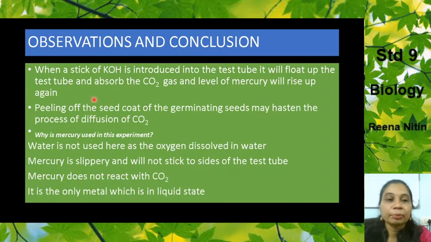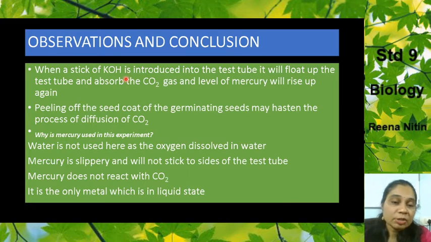Well, that can be proved by taking a stick of potassium hydroxide. You take a few pellets, a few sticks of potassium hydroxide, and introduce them into the test tube. Now, potassium hydroxide will go up, since it is lighter, it will move up, and potassium hydroxide has the property of absorbing carbon dioxide.